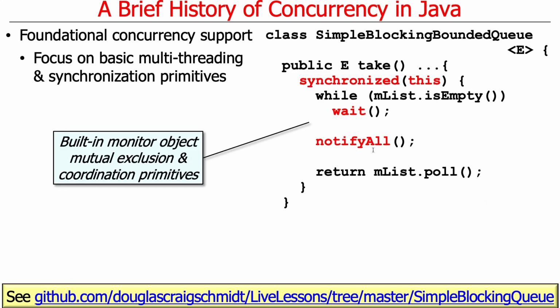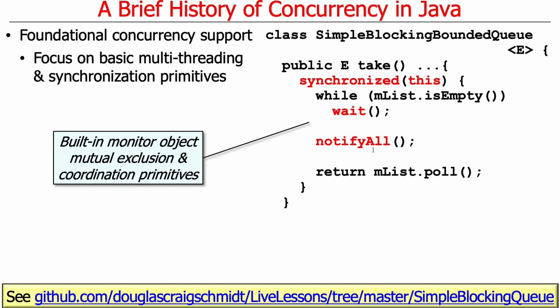Here's a very simple example of synchronization using fundamental Java synchronizers like mutual exclusion and coordination primitives. In this model, the take method only allows one thread of control at a time to execute in its critical section. We synchronize on this, the object that take is being called on, which means only one thing at a time is allowed in the critical section.